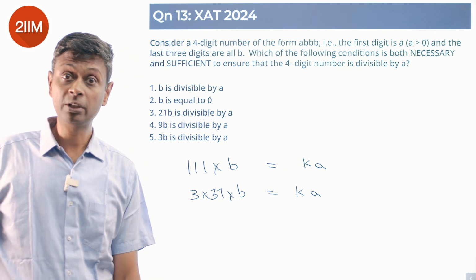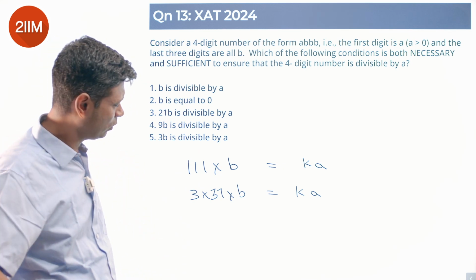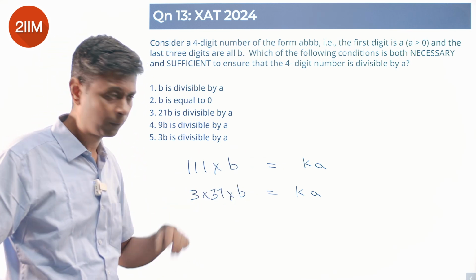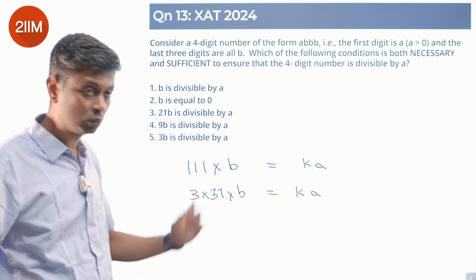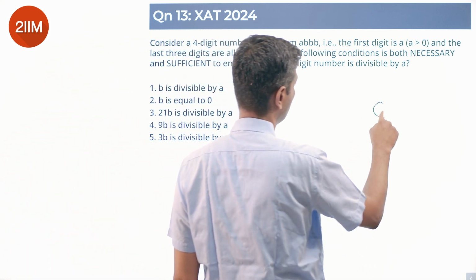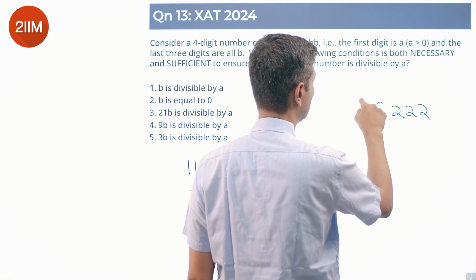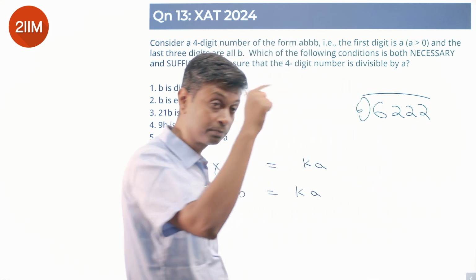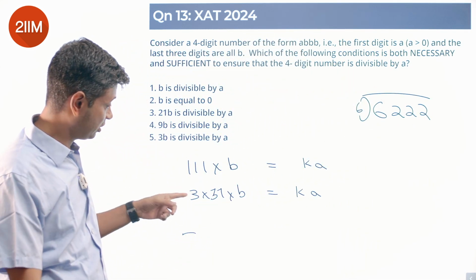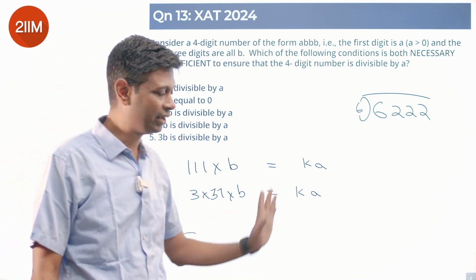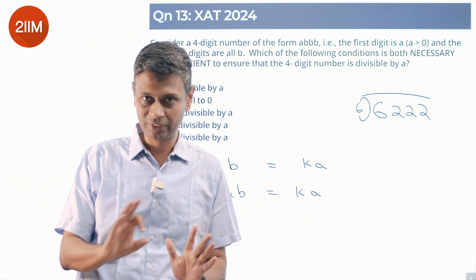So I could have a scenario where A is 6 and B is 2. Think about the number 6 triple 2 divided by 6. This will work because there is a 3 sitting here. 37 is irrelevant as far as A is concerned. A cannot contain a 37.